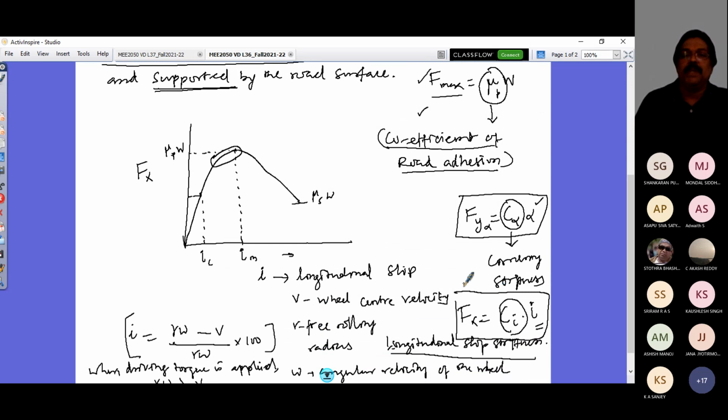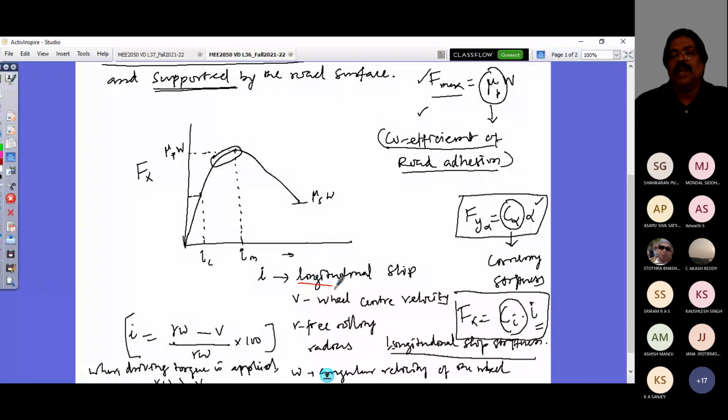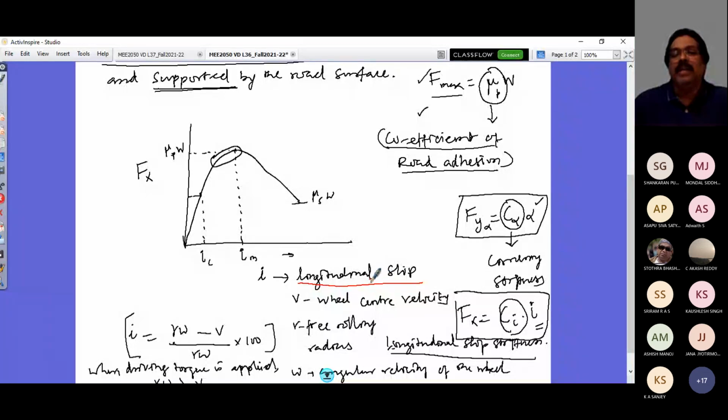Longitudinal slip is essential for the generation of tractive effort at the tire road interaction, right? We will study this in detail again when we look at tires and particularly various tire models. At that time we will revisit this.